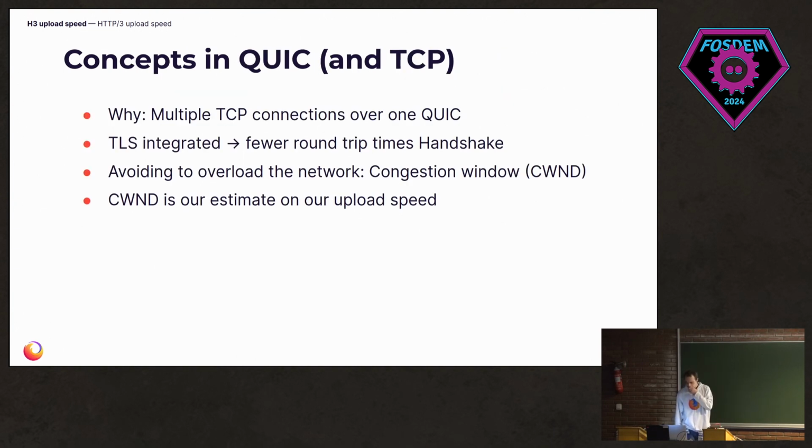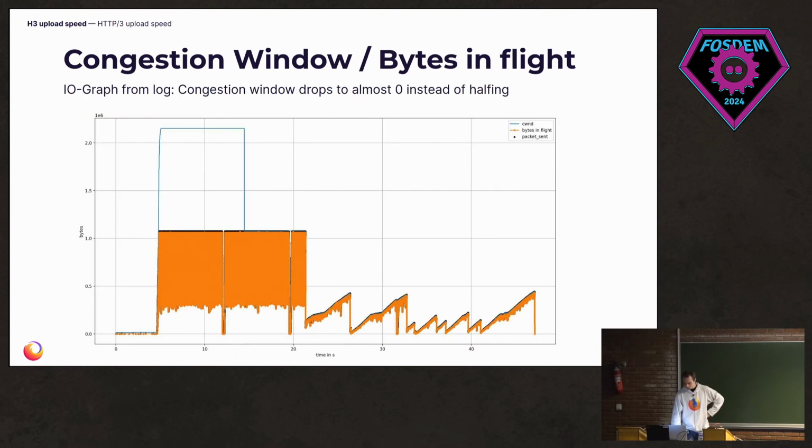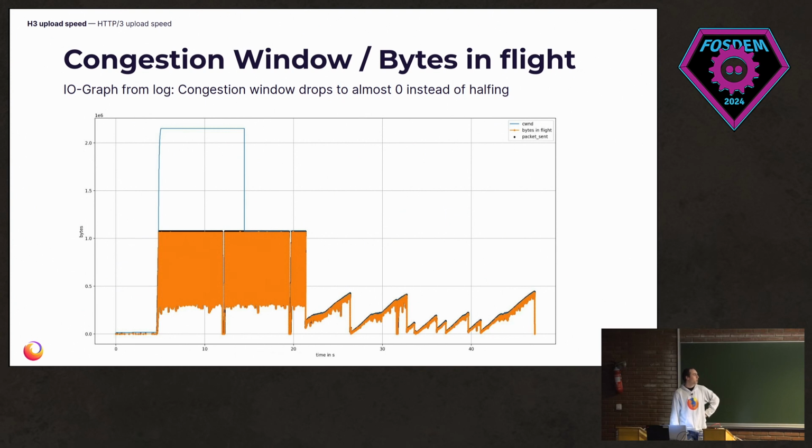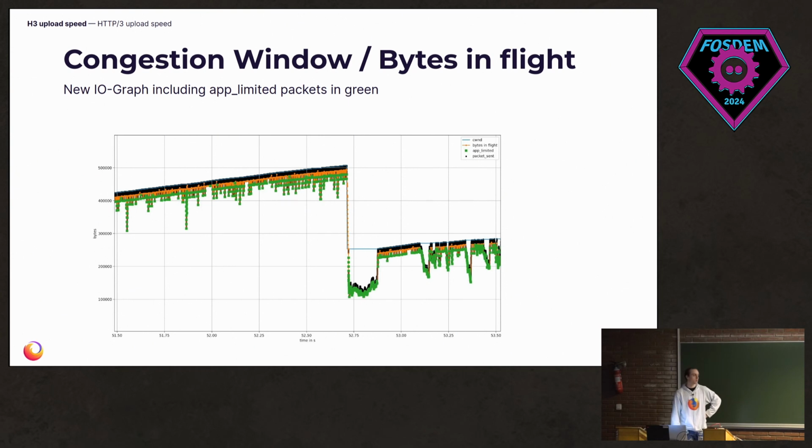Later, this is the same graph with the congestion window problem fixed, and we had to investigate further because there were more problems.